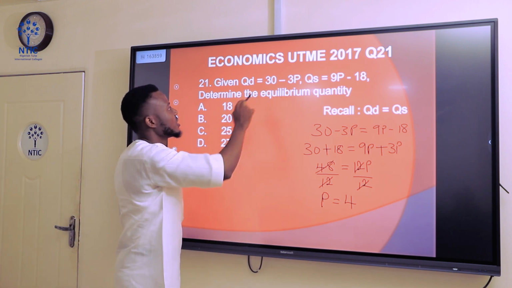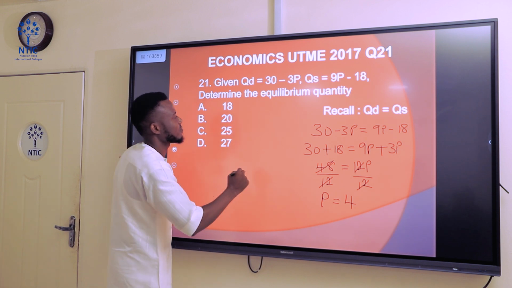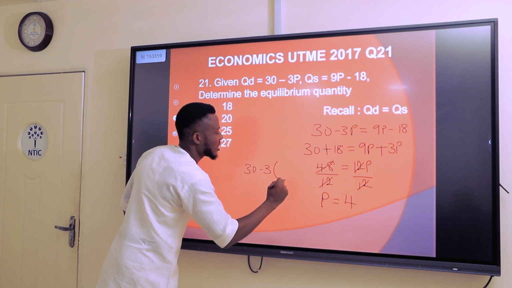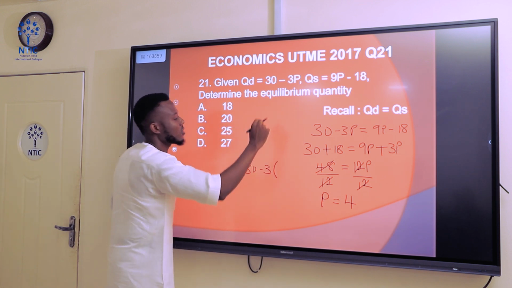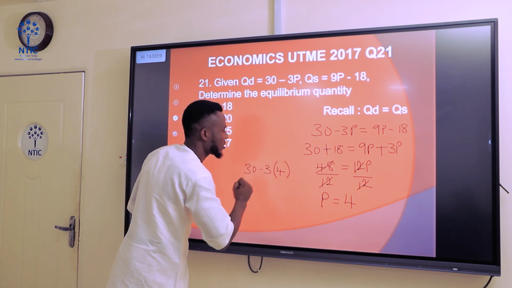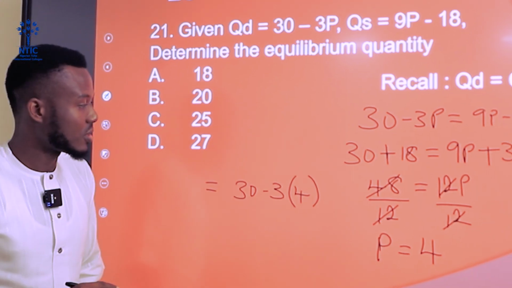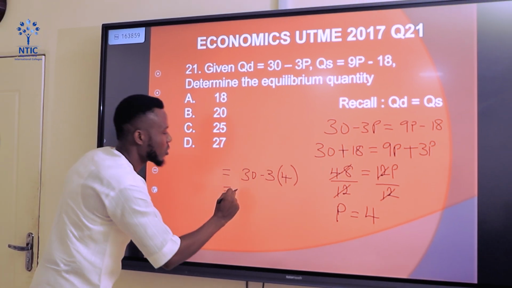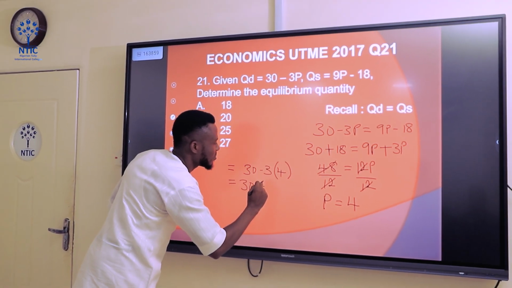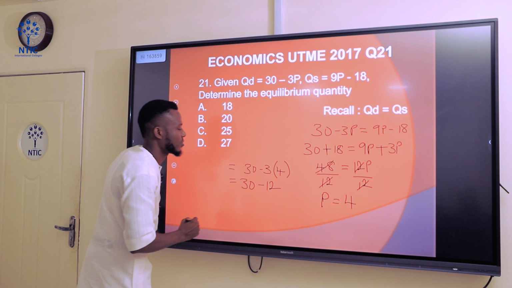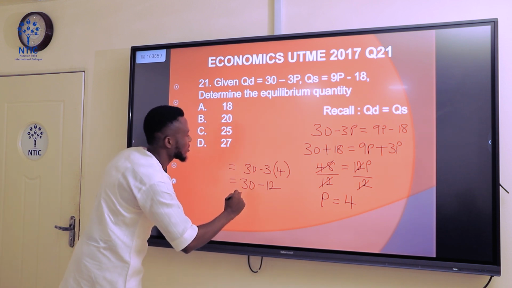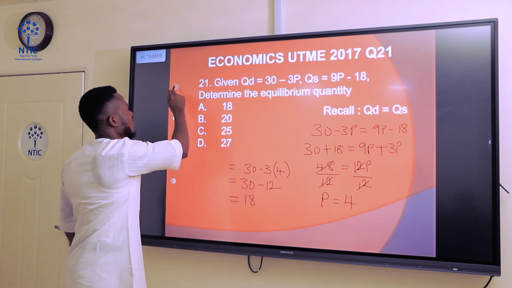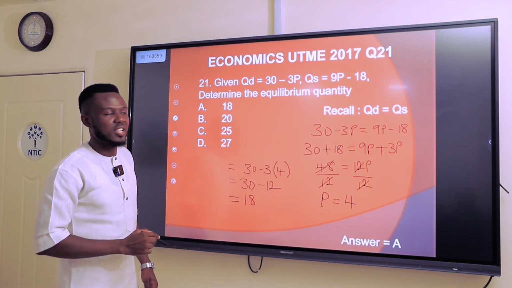So let us substitute into the quantity demanded. 30 minus 3, at this point our p is equal to 4, so bracket 4. So 30 minus 3 times 4 will give 30 minus 12. 30 minus 12 will give us 18. That means we have our answer as A.